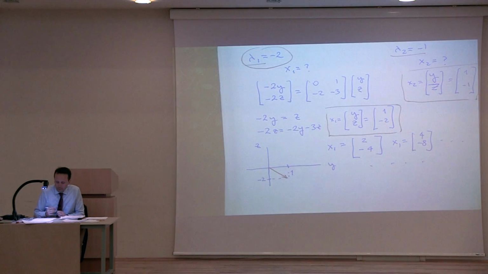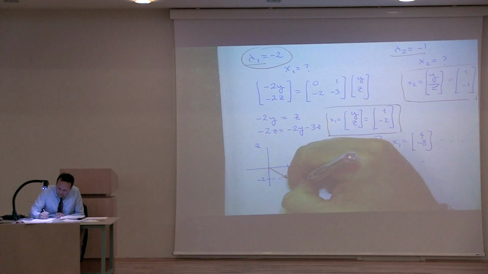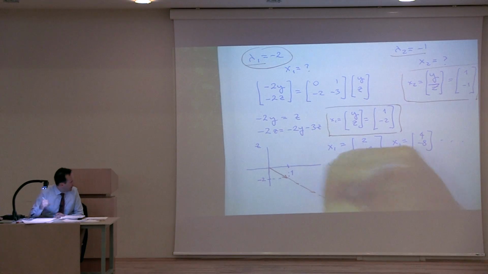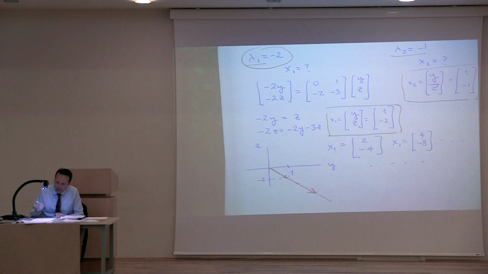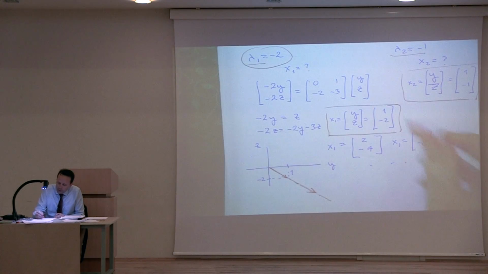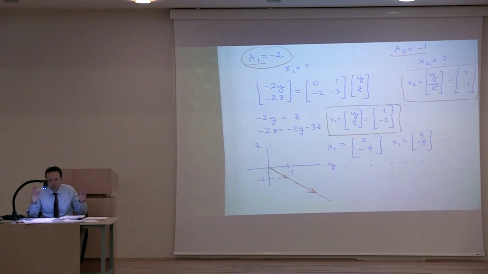So anything along this line will still be an eigenvector. You could choose this one, it will still be an eigenvector. So the eigenvector only gives you a direction. The magnitude we really don't know. I mean, don't know is not a good word. Any magnitude is fine. It is still the eigenvector. Any solution is fine. Understand?